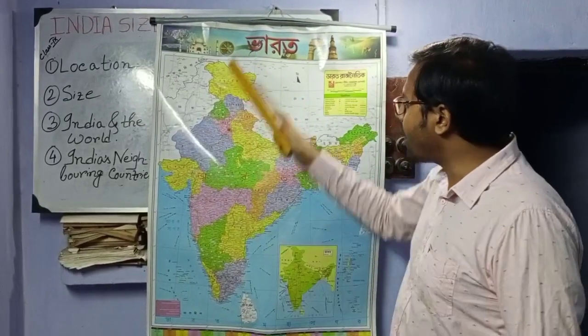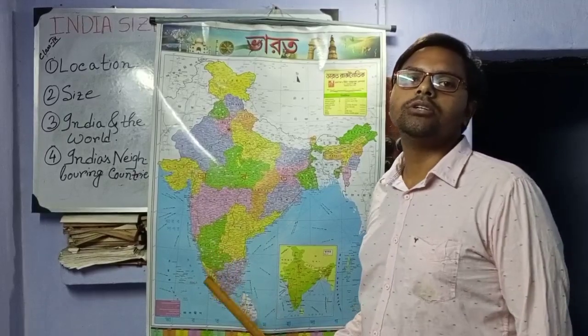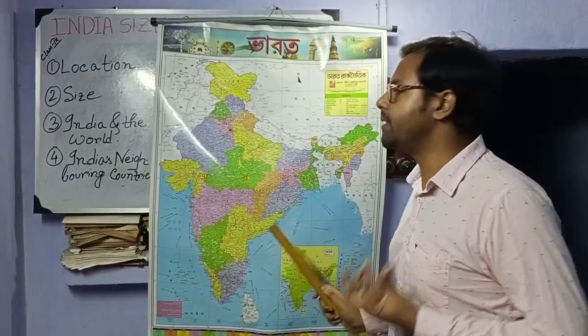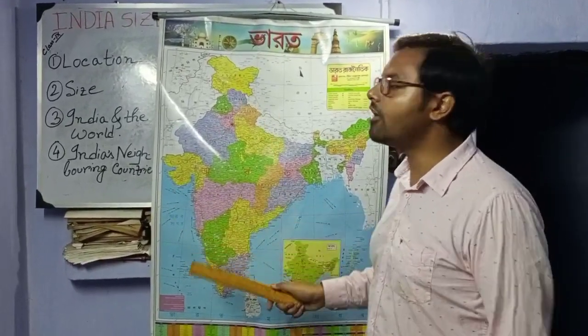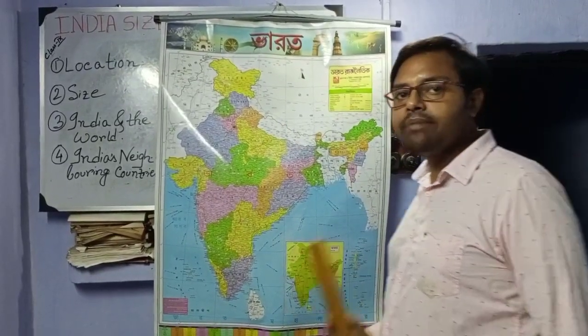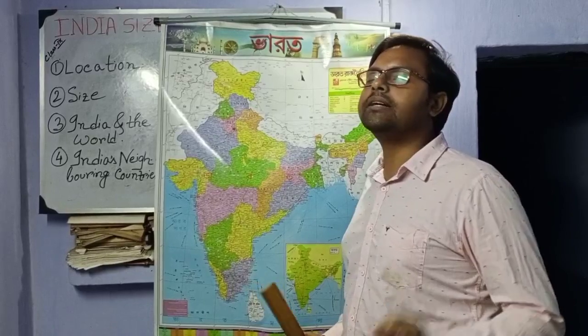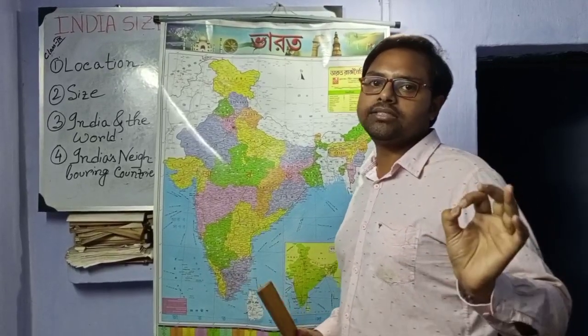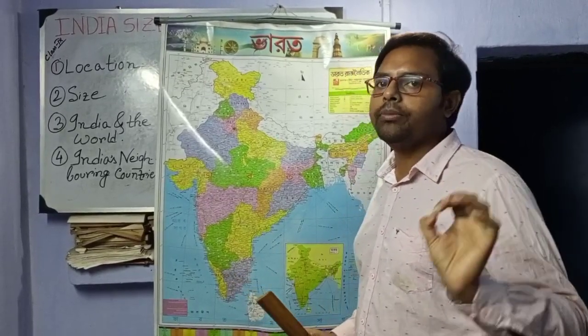Also we can say India has a quadrangular or triangular based shape. And the total area of India including Andaman and Nicobar Island is 3.28 million square kilometer or 32 lakhs 87,000 square kilometer.